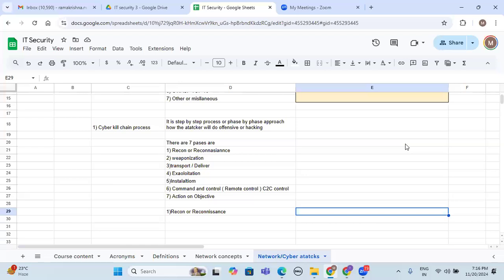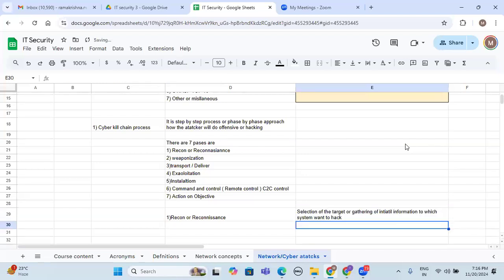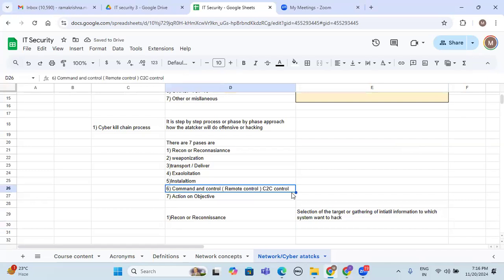That process is called selection of the target, or gathering of the initial information on which system I want to hack. That is called recon.